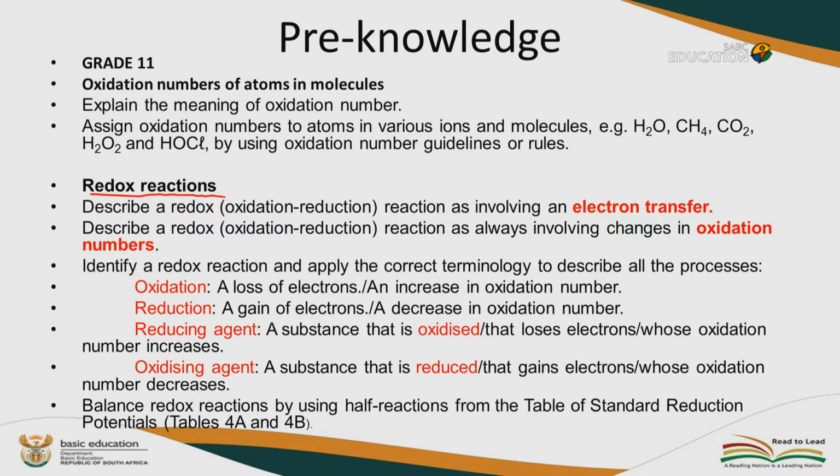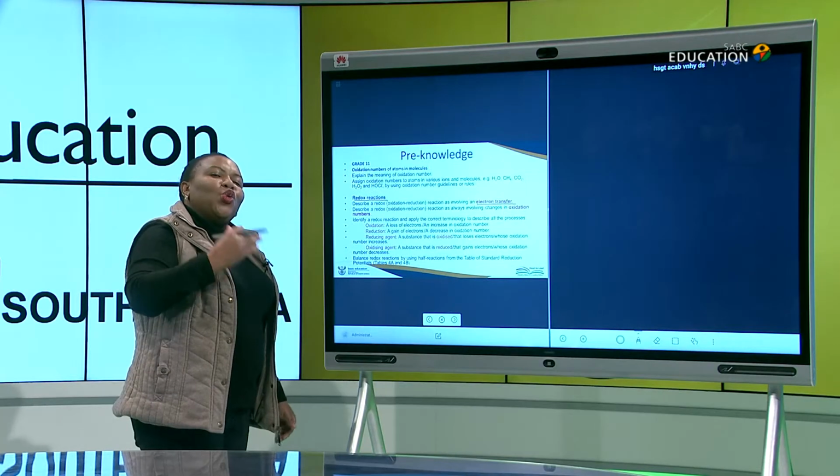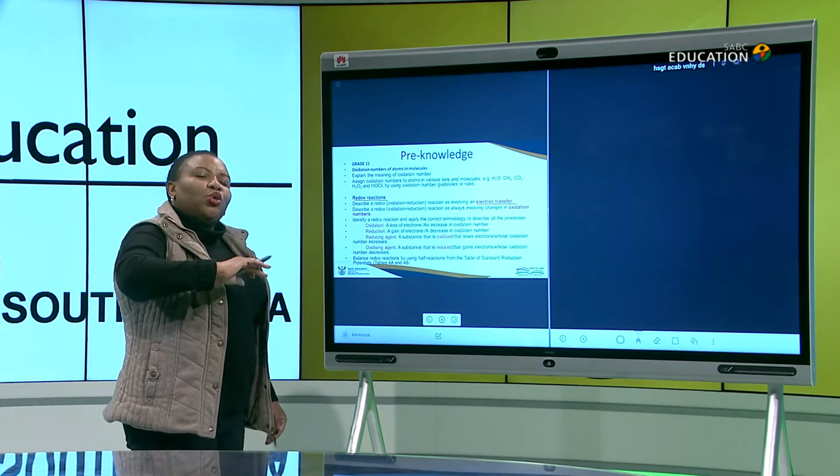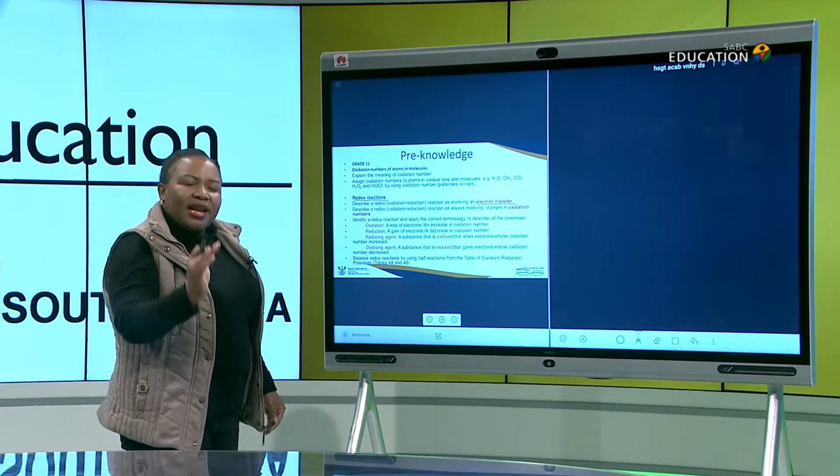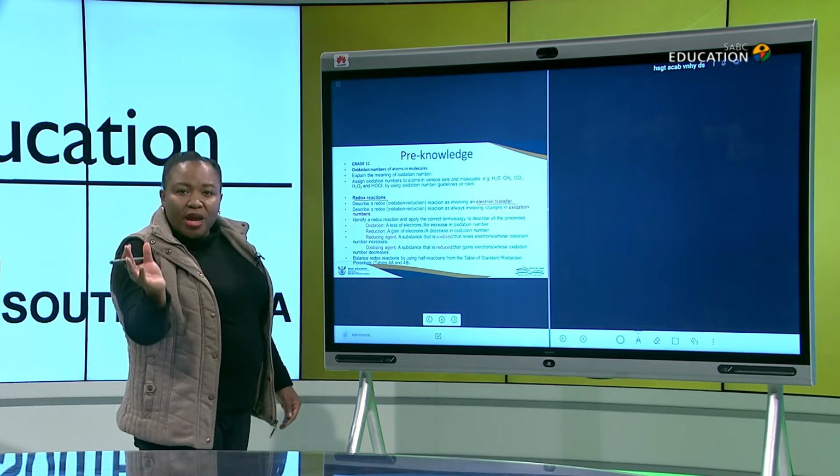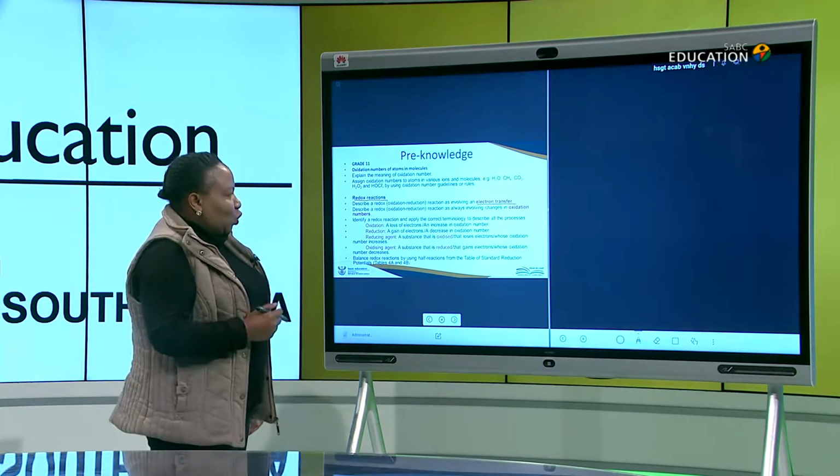Electron transfer means the electrons will be lost and gained by the substances that undergo the reactions. Therefore, most of the time, there is this misconception of transfer meaning to lose or to release only. But transfer means the going and coming of those electrons.